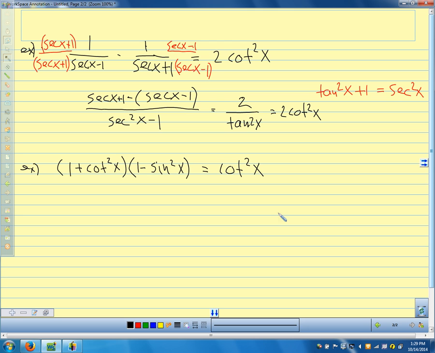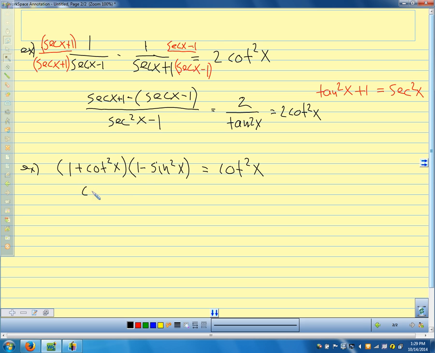We could multiply this out. We'd end up with a cotangent squared x times a sine squared x. So thinking ahead, that looks kind of like it could get messy. But let's look at this 1 plus cotangent squared. Don't we have an identity for that? Cosecant squared.